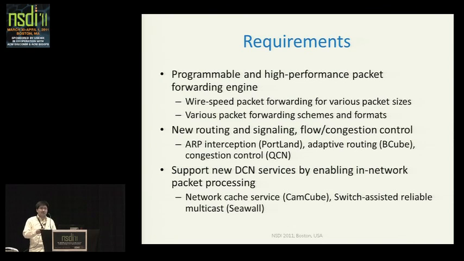So one of the areas is to introduce intelligence into the network. For example, CamCube introduced network cache services by doing packet filtering, processing, and caching in the networks. And also, we can introduce switch-assisted reliable multicast in DCN.